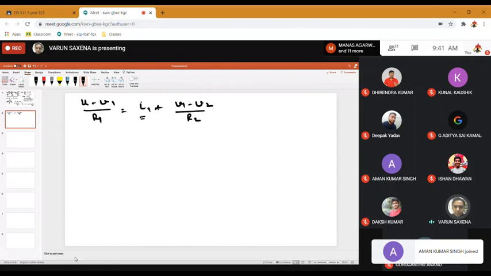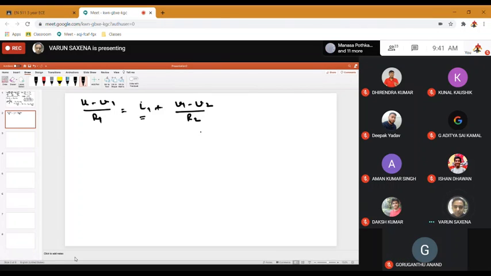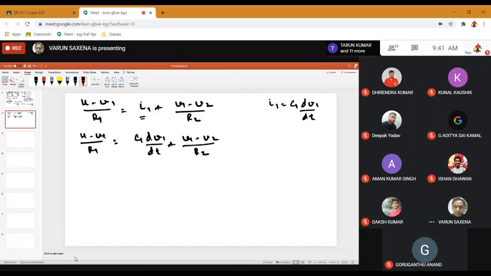Also, I do not have a differential term, either dv1 by dt or dv2 by dt, which should come in the equation for me to write a state variable. But I know that I1 is nothing but C1 dv1 by dt. This is the governing equation for a capacitor. So I put it here, and I get U minus V1 divided by R1 is equal to C1 dv1 by dt plus V1 minus V2 by R2.